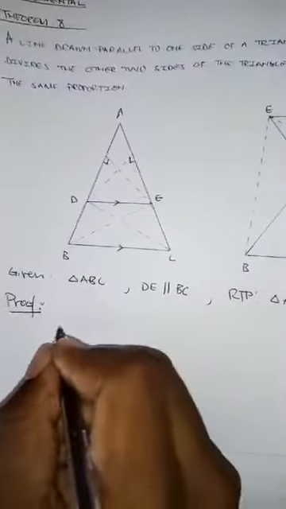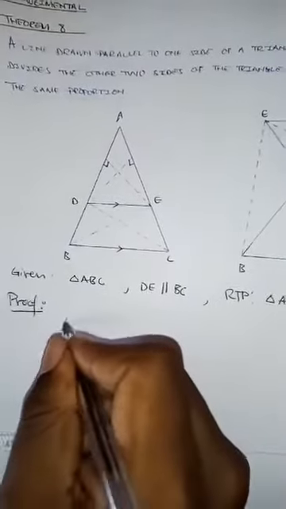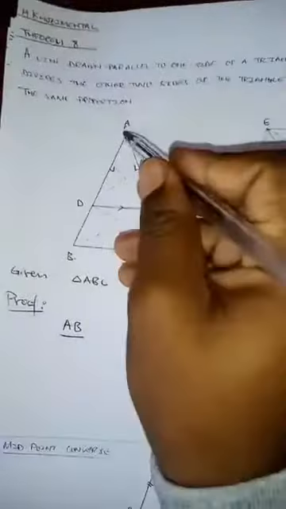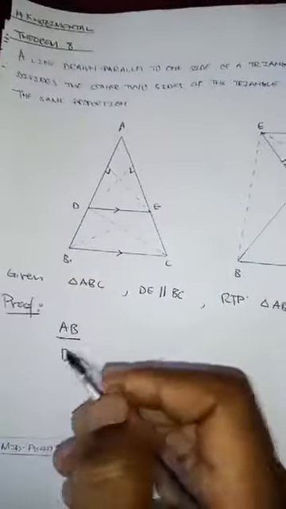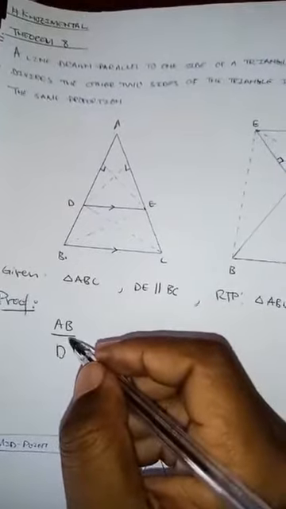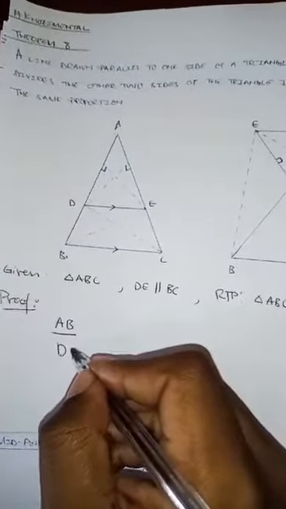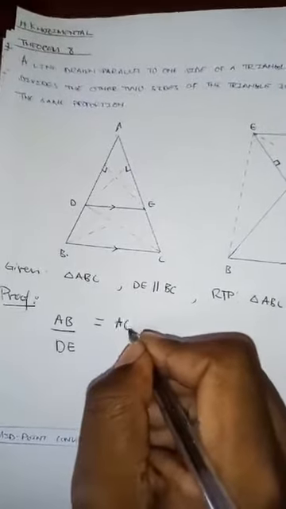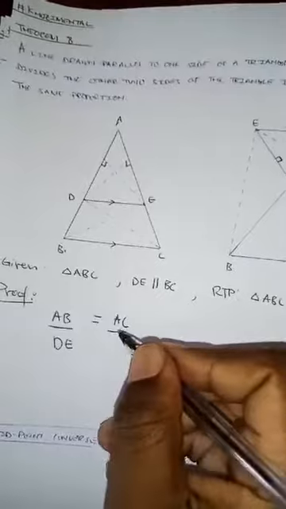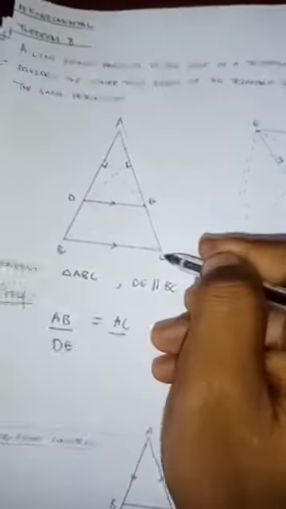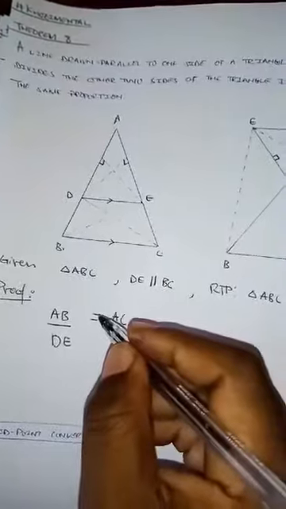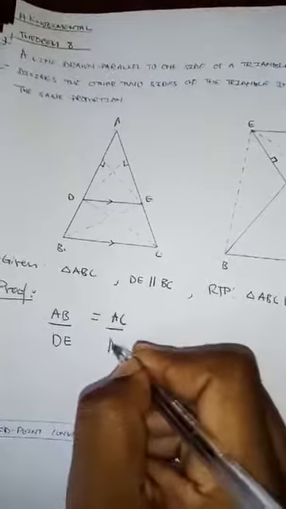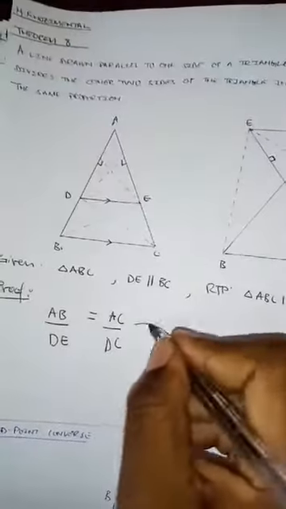The first thing that you can pick up here is that you have AB over DE being equal to AC over DC. Okay? So this we are given.